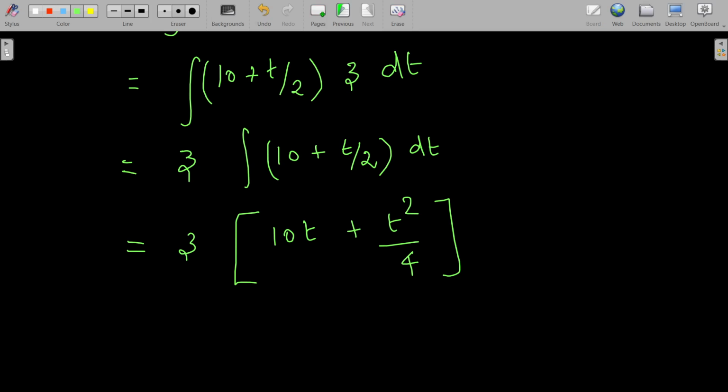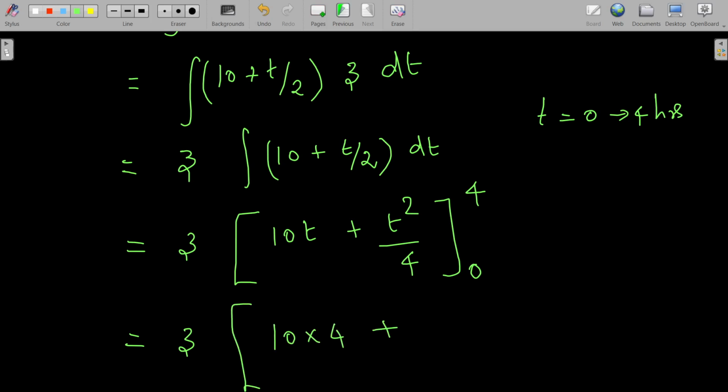And the limits are 0 to 4 hours. It is charging from 0 to 4 hours. That is the time period. So you apply the limits: 10 times 4 plus 4 squared divided by 4. When you apply the lower limit, it is 0.